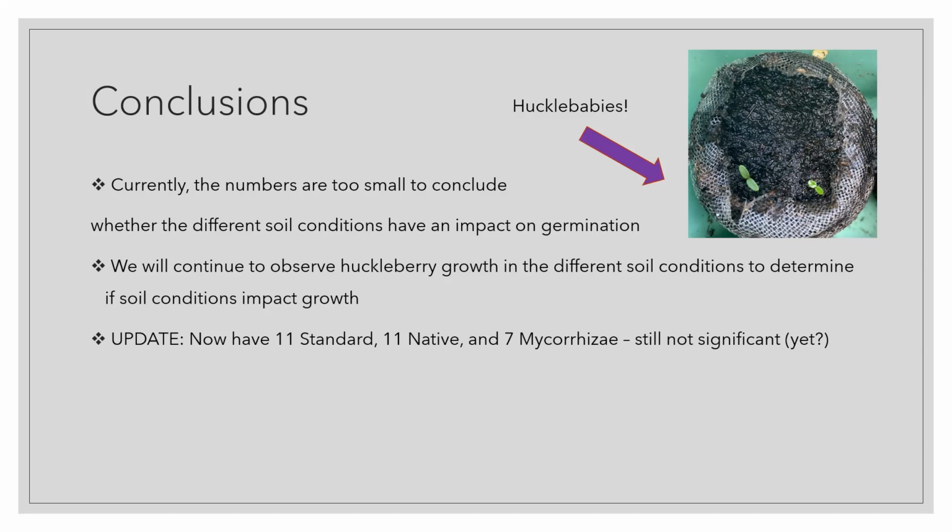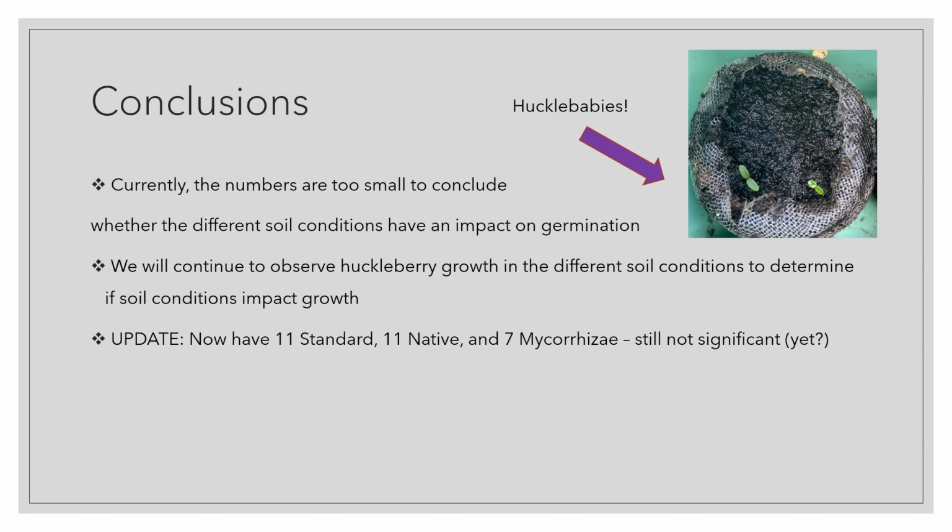Now we have 11 standard, 11 native, and 7 mycorrhiza, and I believe that was as of yesterday. I will have to go back and check again today and see if we have any new ones. So it looks like the supplement is maybe catching up, but we have no idea. Wait a minute.